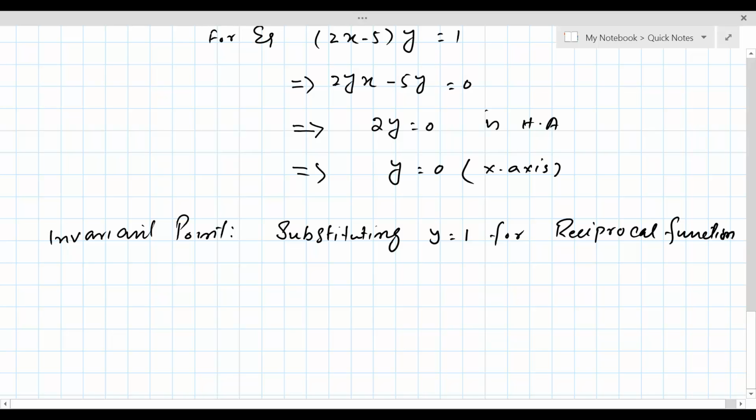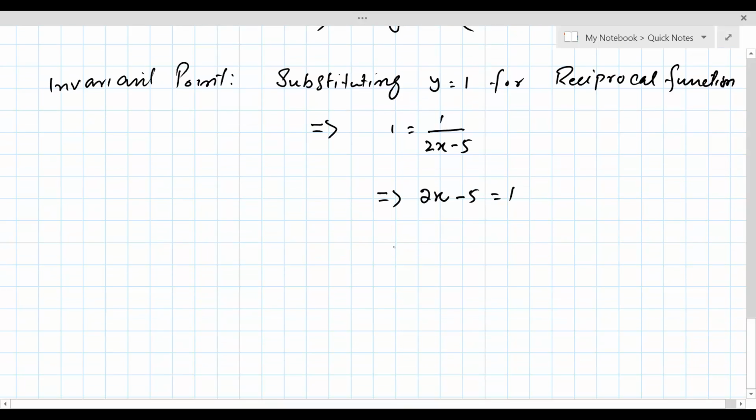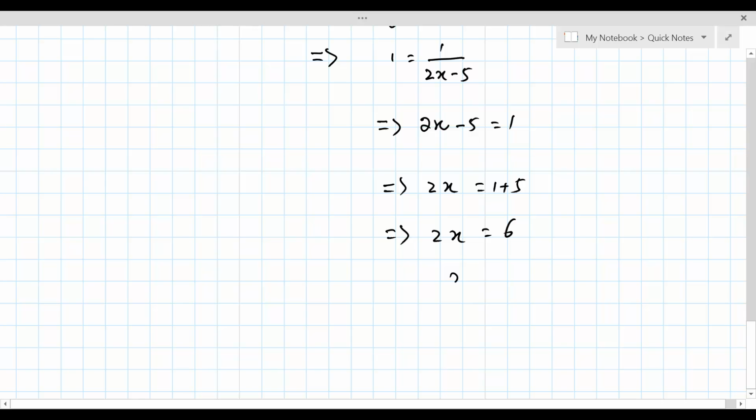So if we substitute y is equal to 1, this means 1 is equal to 1 over 2x minus 5. So from here, we will find out the value of x. This means 2x minus 5 is equal to 1, or in other words, 2x is equal to 1 plus 5, means 2x equal to 6 or x equal to 3.